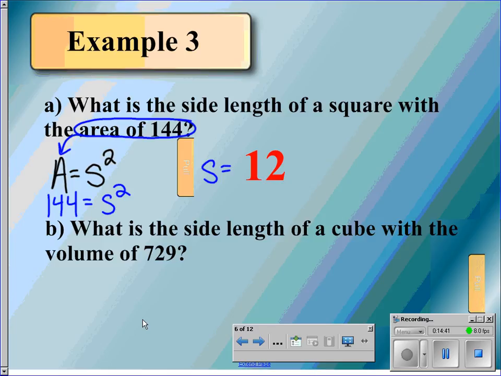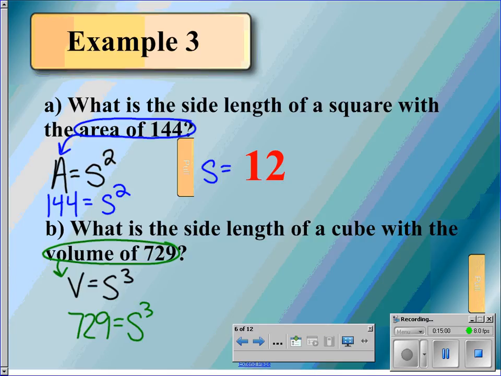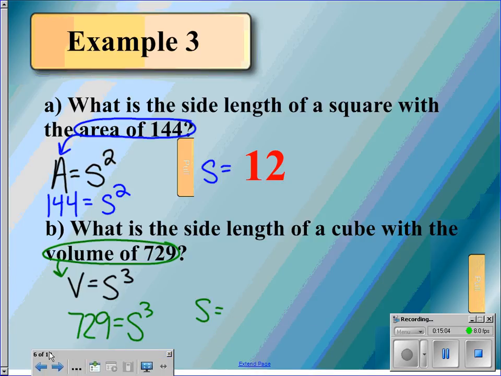What about the side length of a cube? Okay, the volume of a cube is side cubed. So we take our volume and plug it in for V. 729 equals S cubed. What number do I cube to get 729?